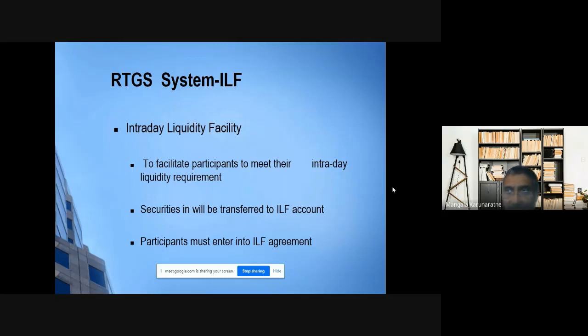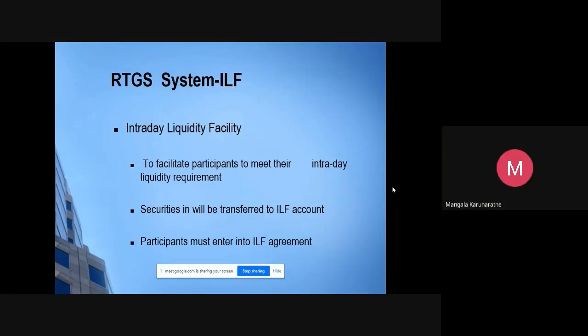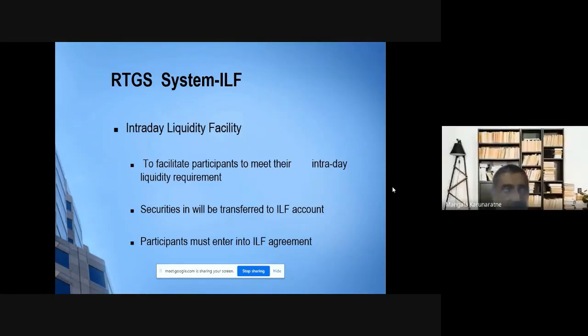If you are having an unfavorable clearing balance these days, you can have an ILF every day, no issue. During the day they can fund the account. Then there is an ILF reversal time, when the ILF will be taken out by the central bank.